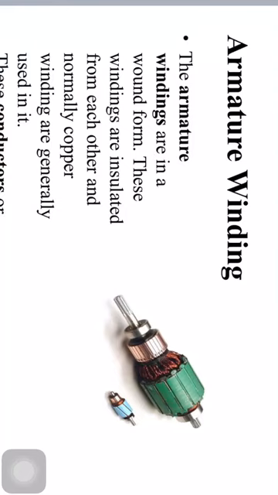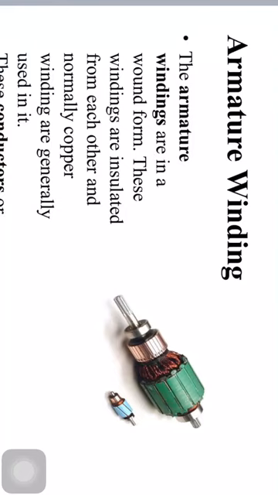It is usually a former wound copper coil which rests in armature slots, and the armature conductors are insulated from each other and also from the armature core. Armature winding can be wound by one of two methods, that is, lap winding or wave winding.